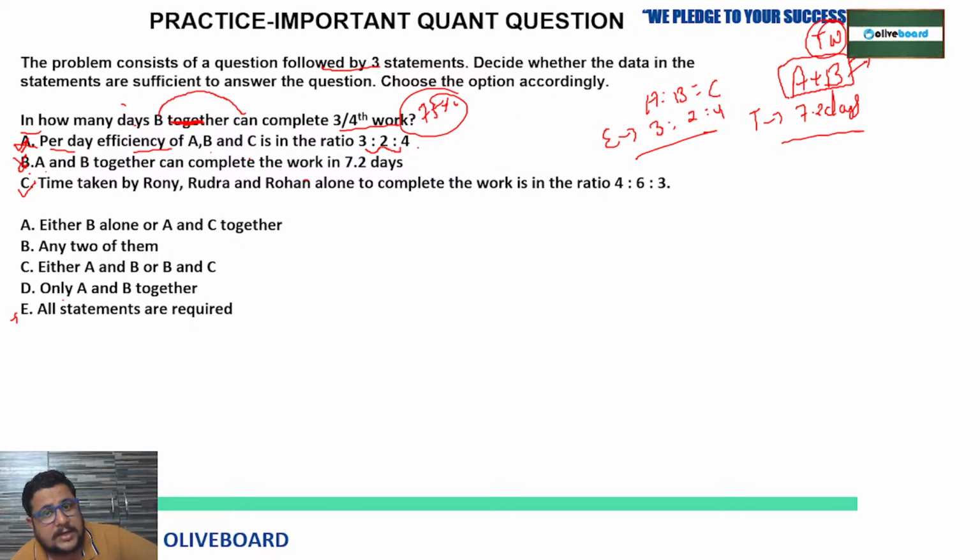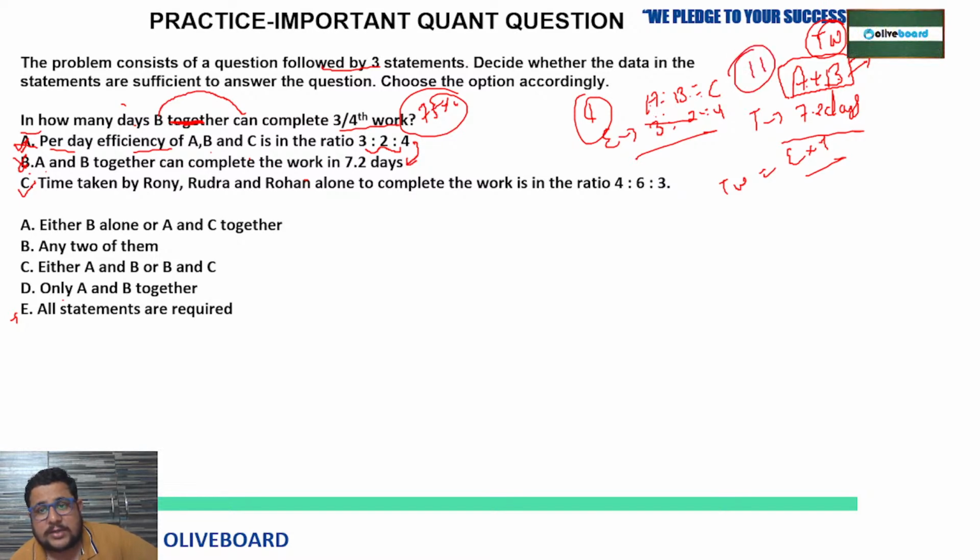But if you merge first and second together, in first you have the efficiency of A, B, C, and in second you have A and B finishing the work in 7.2 days. Total work is equal to efficiency multiplied by time.